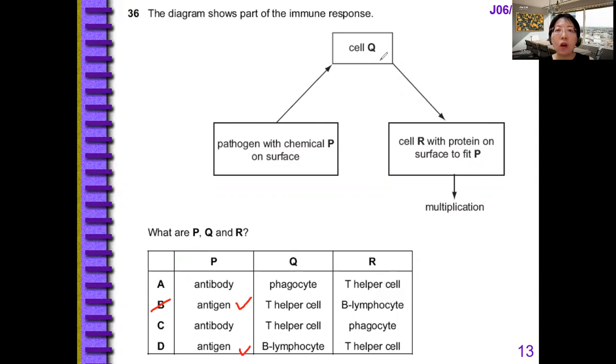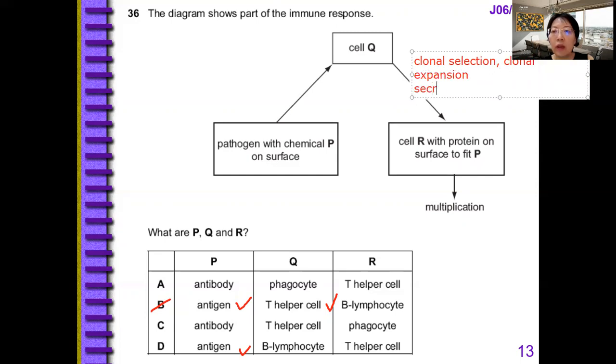Then after that, we've got cell Q. P becomes cell Q. We've got these two choices, T helper cell or B lymphocytes. Usually it should be T helper cell first, selected and then undergo clonal selection, followed by clonal expansion.